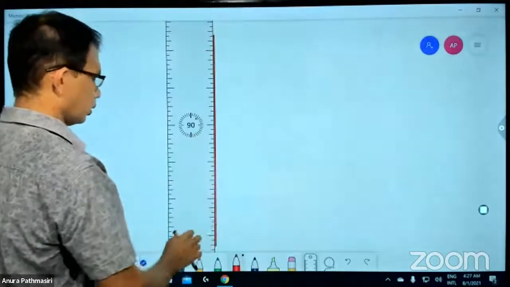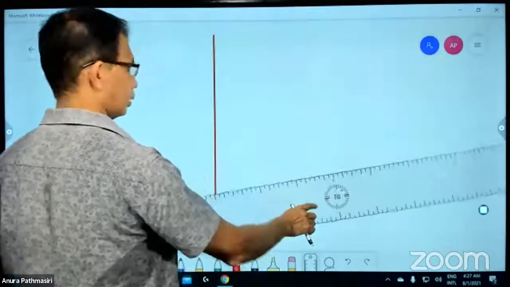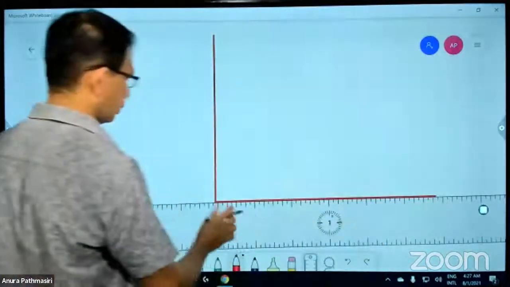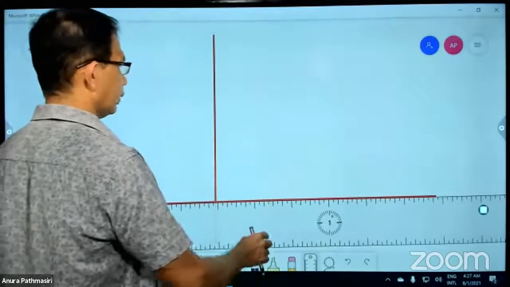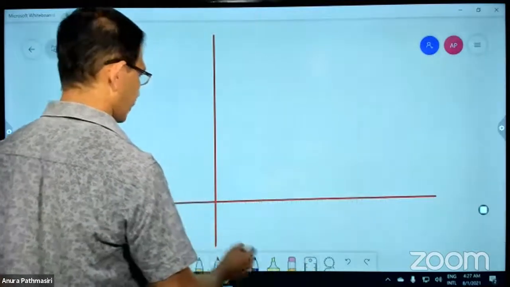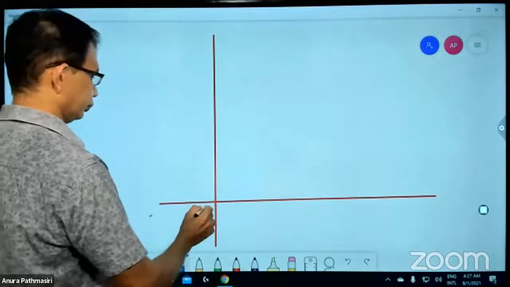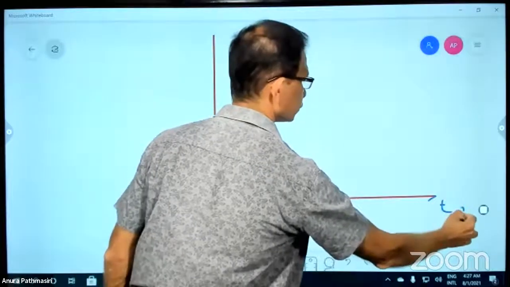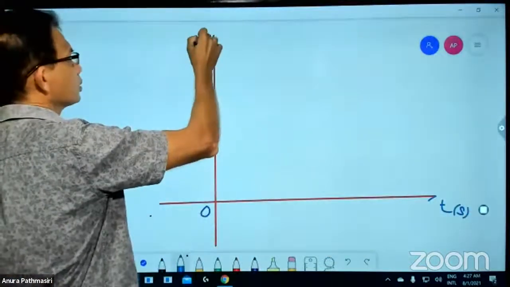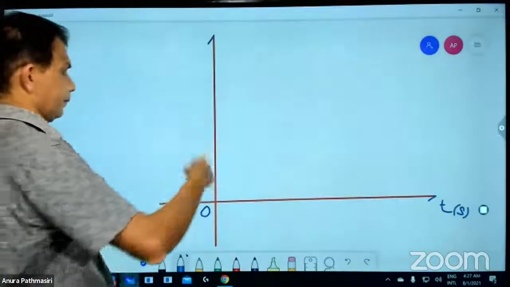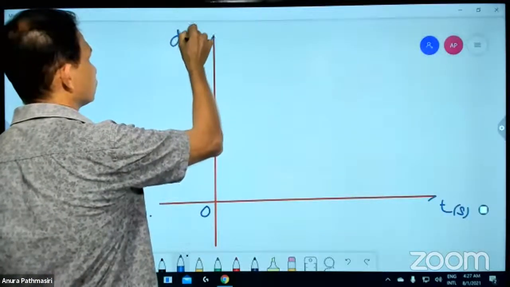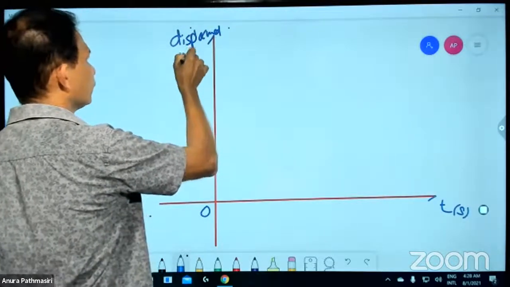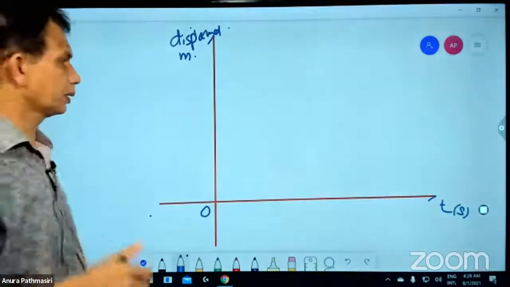You have the y-axis and then you have the x-axis, right? Then this is 0. This is time in seconds, and this is displacement in meters.